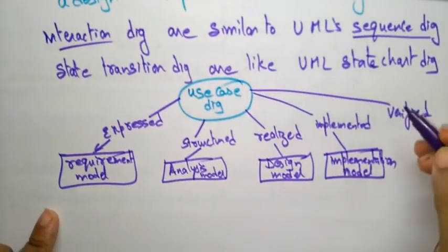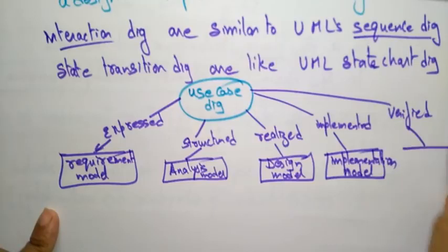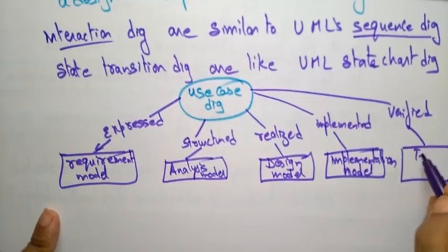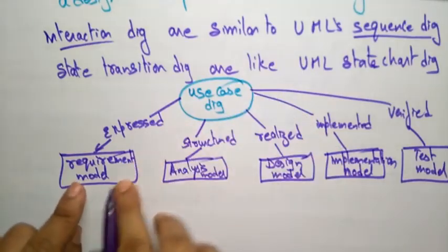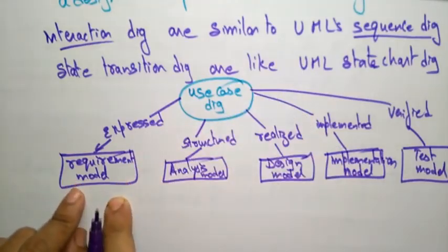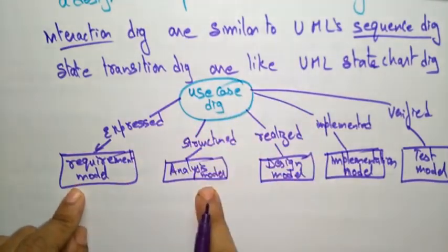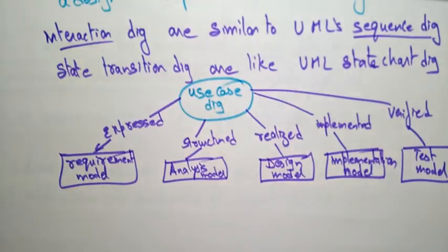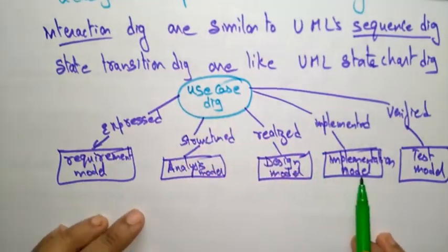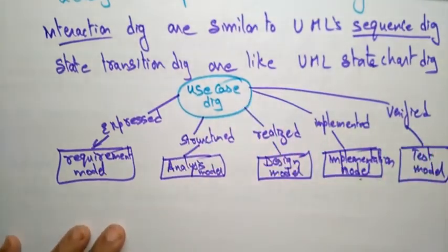How do we verify the use case diagram? With the help of the test model. So the use case diagrams are expressed in the requirement model, structured by the analysis model, realized by the design model, implemented by the implementation model and verified by the test model.